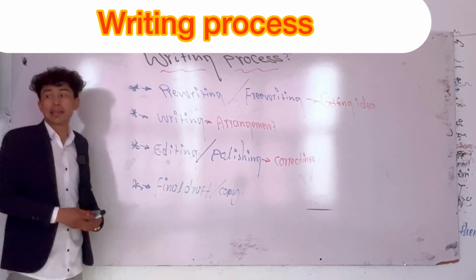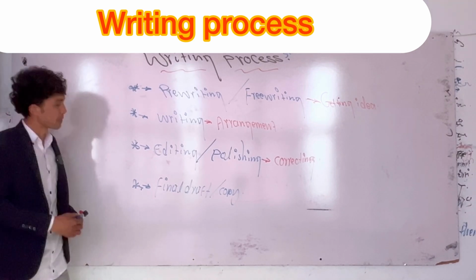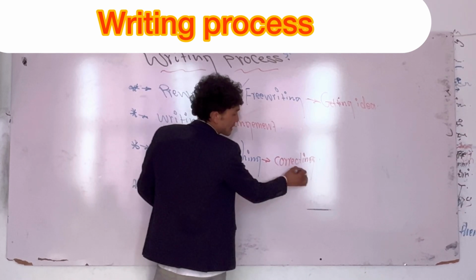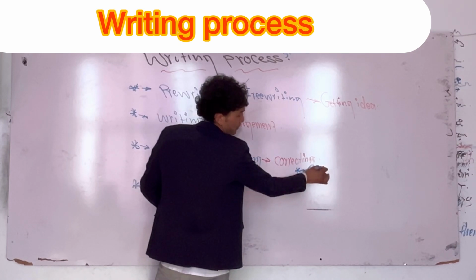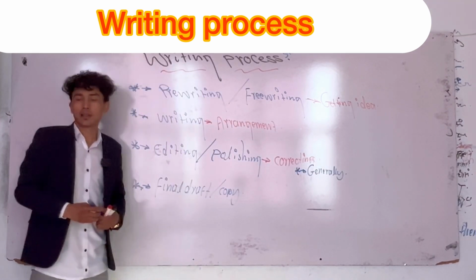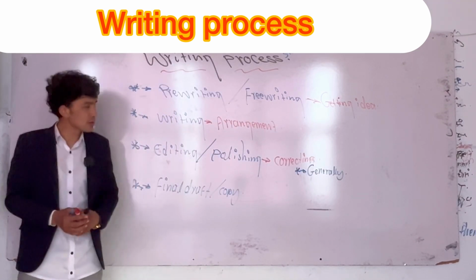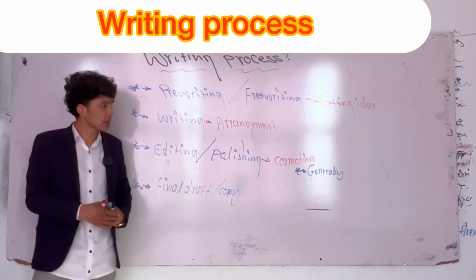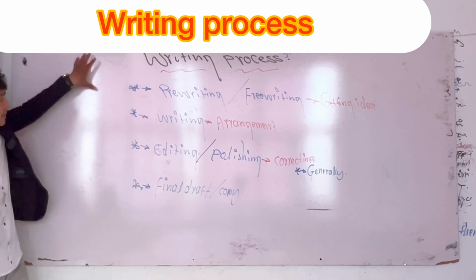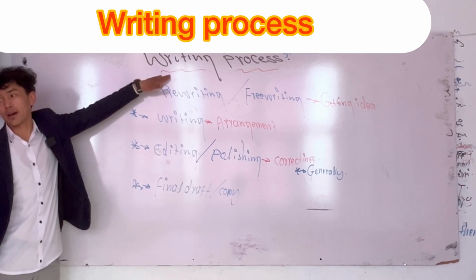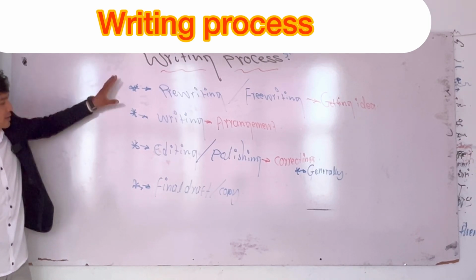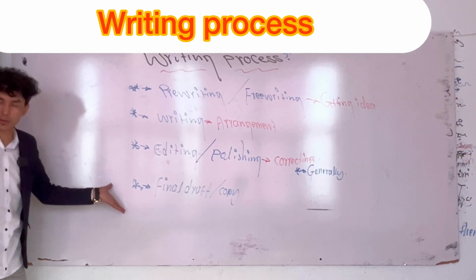And it is actually done in two ways. Number one is general editing. You just look and move your eyes quickly from head to toe of the paper, checking whether your paper is standard, whether it has a heading, a title, a skipped line, a topic sentence, body paragraph, or concluding sentence.